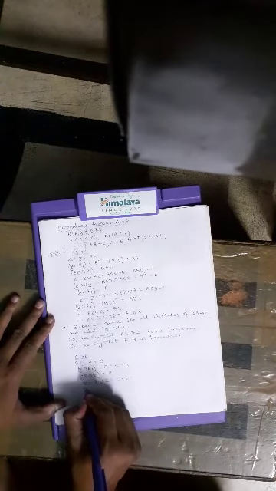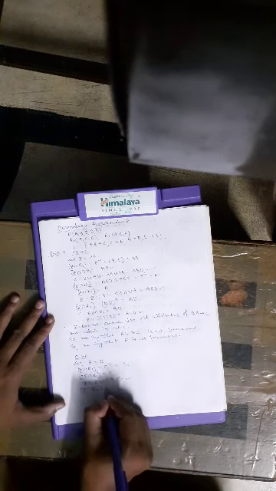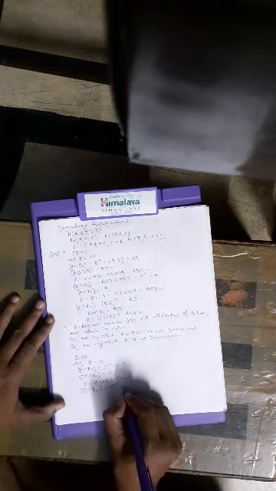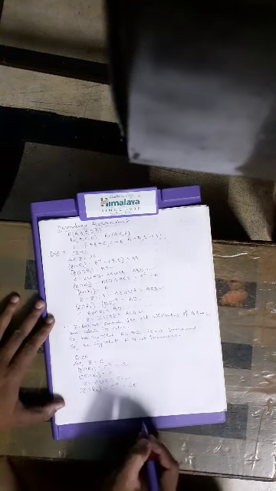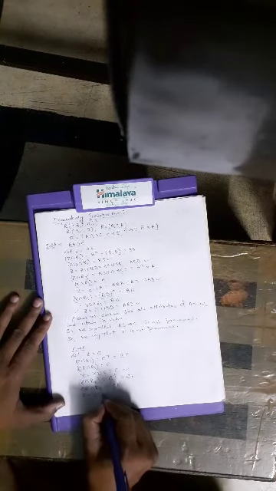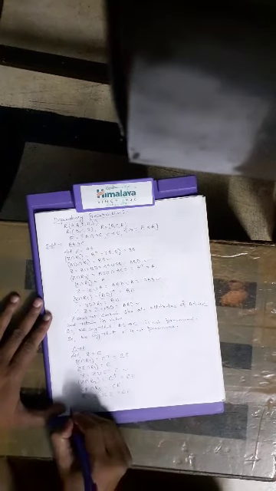Now we check R2. So Z intersection R2 is again C, and we find the closure of C, which is CE. CE intersection R2 will be CE, and Z is equal to Z union CE, which is CE.